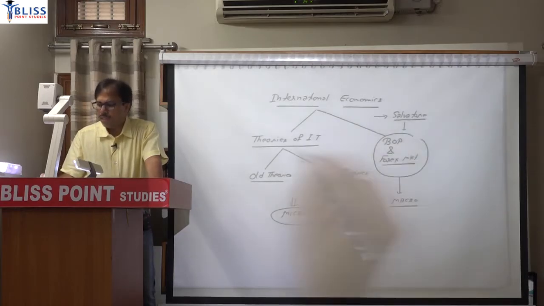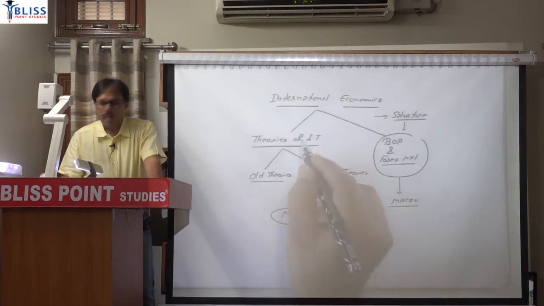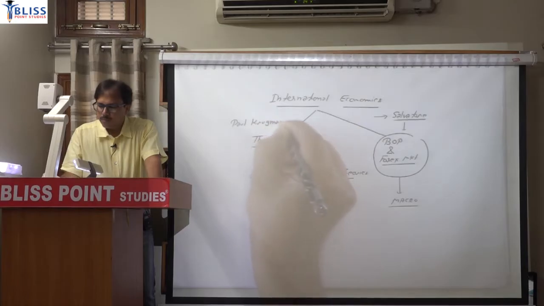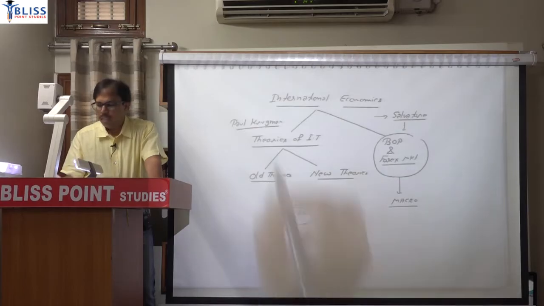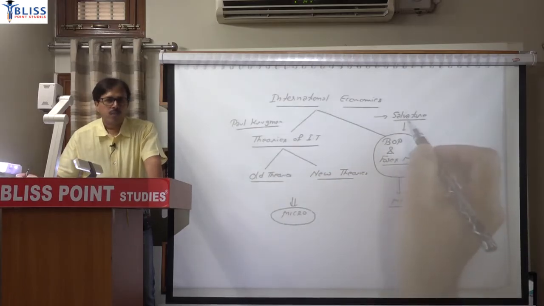Even for theories of international trade you can refer to Salvatore, but you may also refer to Paul Krugman. Paul Krugman is mainly for the theories part, and for the balance of payment part you can refer to Salvatore.